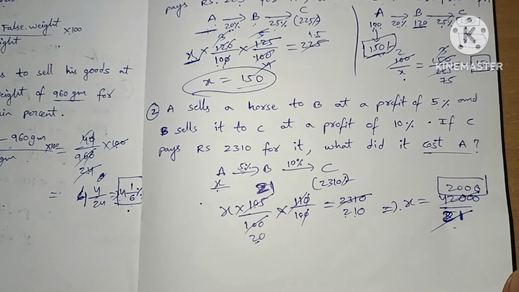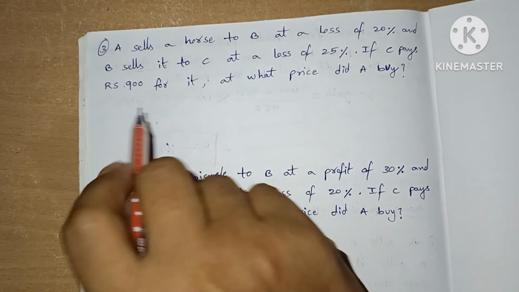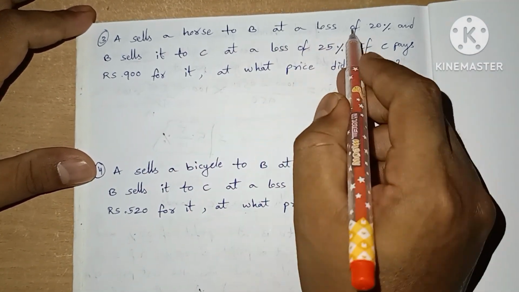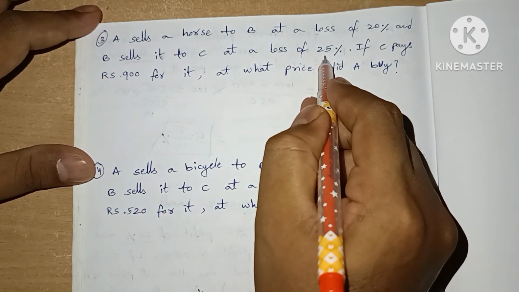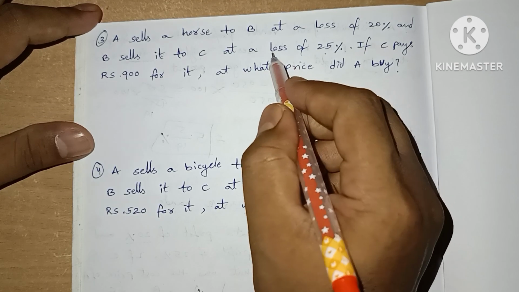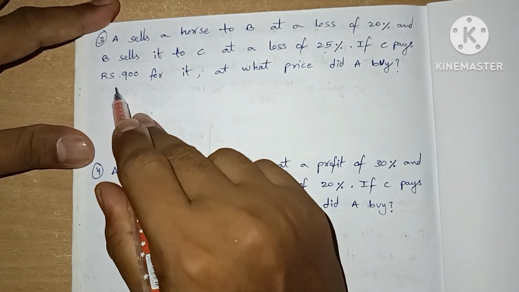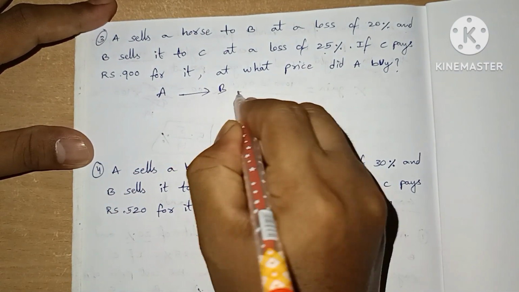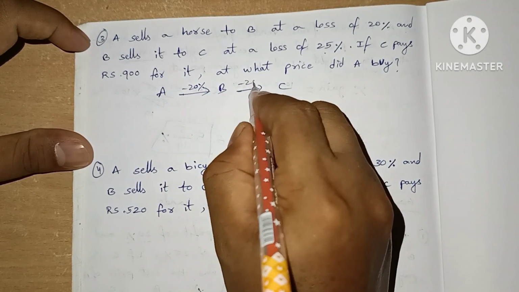Okay, let's understand this successive concept with two more questions. A sells a horse to B at a loss of 20% and B sells to C at a loss of 25%. In the previous question we learned about profit, and here we see the losses. If C pays 900 for it, at what price did A buy? First at a loss of 20% and the next at a loss of 25%.